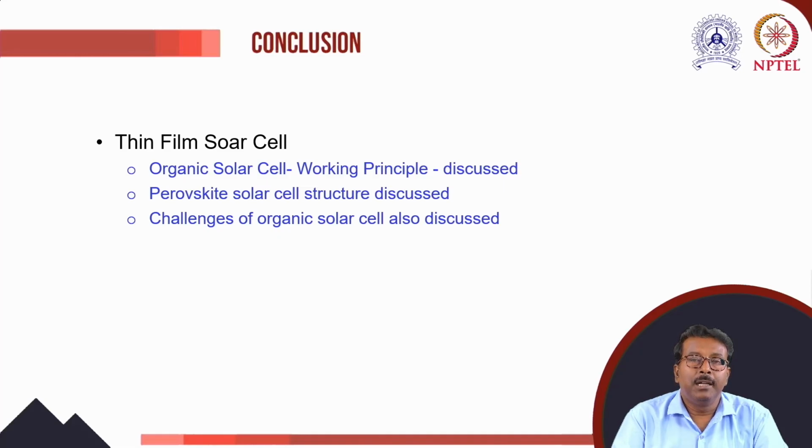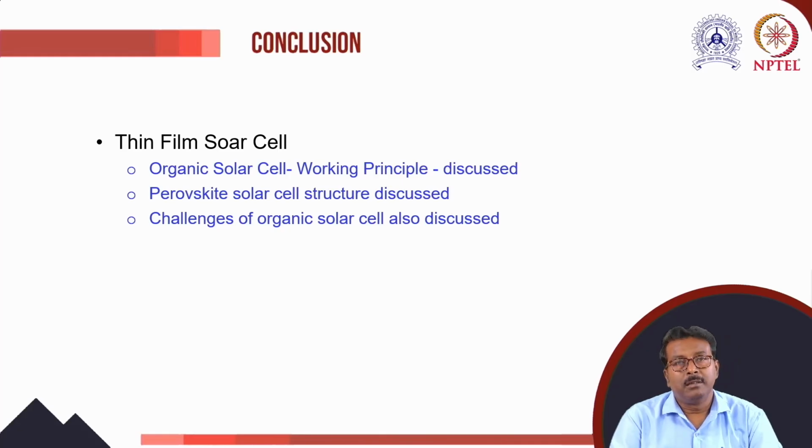The active material in an organic solar cell is a combination of 2 to 3 types of materials, consisting of donor and acceptor. That is called bulk heterojunction. Charge transport and charge separation up to the electrodes is also a challenge.